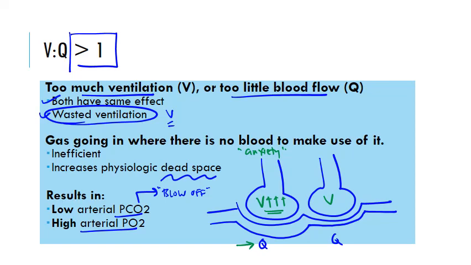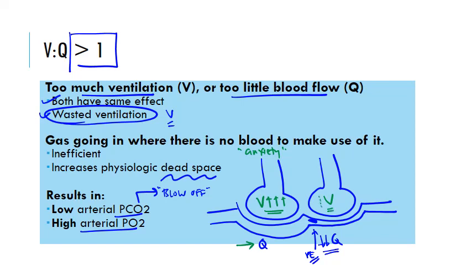In our second example, we could have a pulmonary embolism or something causing a reduction in blood flow. It could be pulmonary hypertension, for example from obstructive sleep apnea. But here we notice that V is relatively normal.